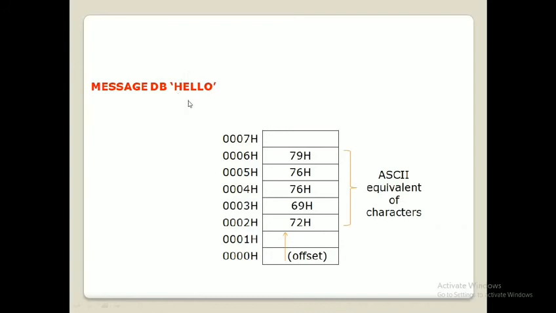As we can see here, the length of the string is 5. Since 5 characters are there, 5 bytes will be required to store the string. So, to store H, its ASCII code 72 will be stored. To store E, its ASCII code 69 will be used, and so on.